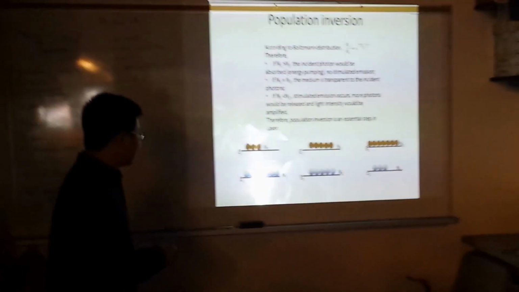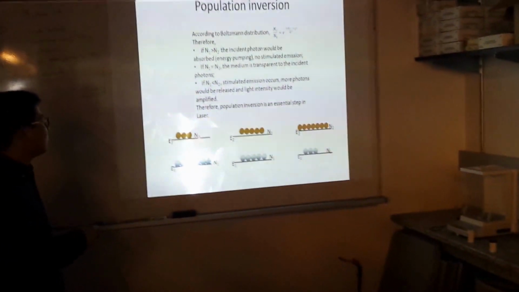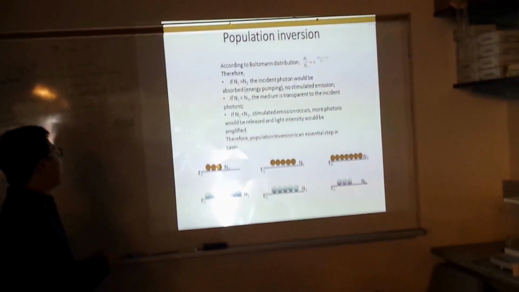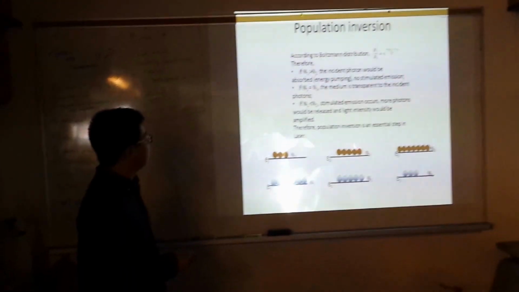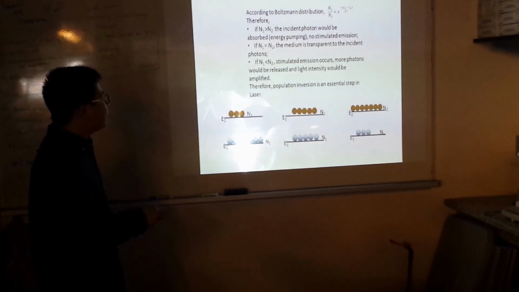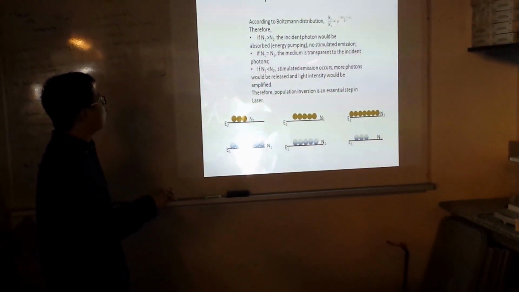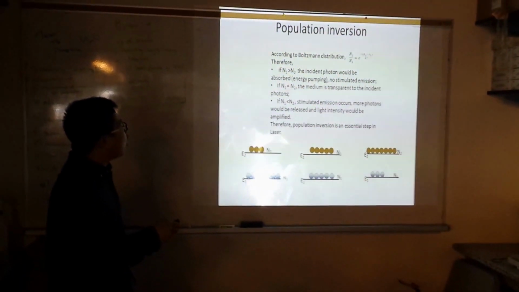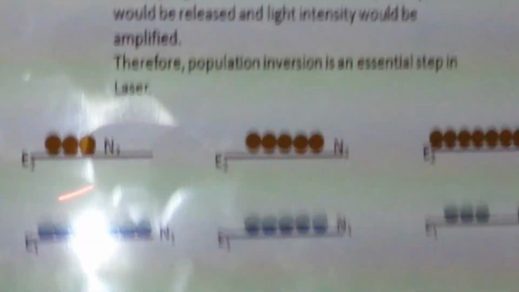What it will do is excite some of the atoms to a higher energy state. And when the number of atoms N1 equals N2, when you shine a photon, it just bypasses this system. So we call this optical transparency, or transparent. The photon is just transparent to this medium.